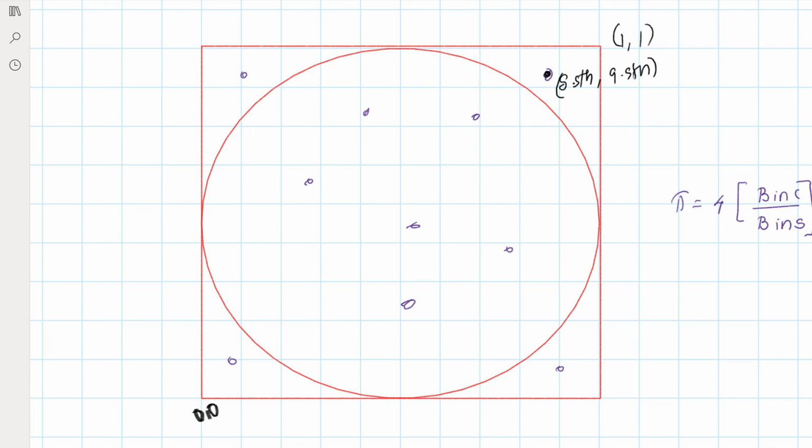And this one will be maybe close to 0.5, 0.4 something. Right, sorry, I meant 0.5, yes. Thanks, Amrita.